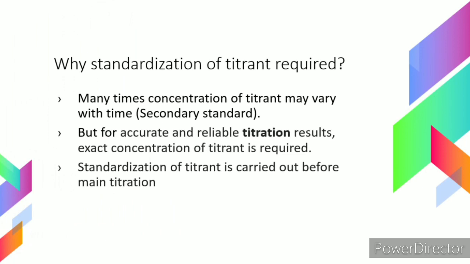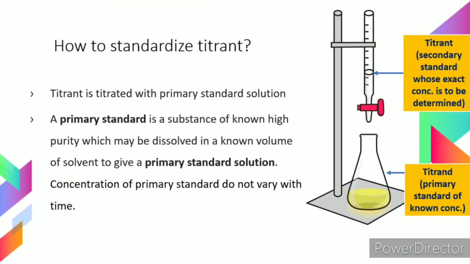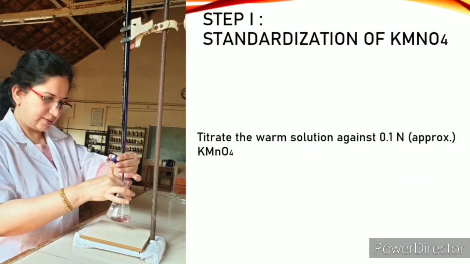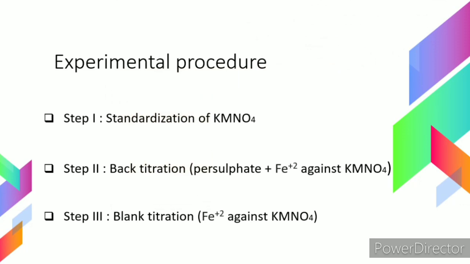I have discussed in detail why we need to standardize KMnO4 and the exact procedure for standardization. So please check that video. Here we will directly go to the actual estimation part, that is, blank titration and back titration.